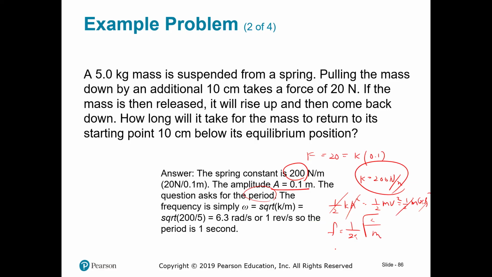So your period is what? 2 pi root of m over K, right? I think the solution uses omega, but the omega is the same. So now you have mass 5, 2 pi, mass 5, K we have 200. If you calculate it, you will see T is going to be about 1 second.